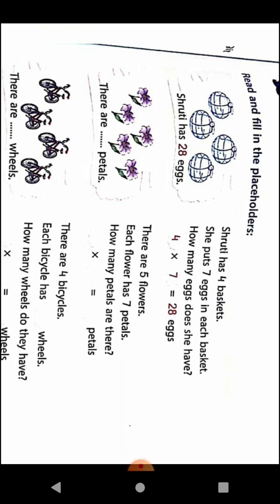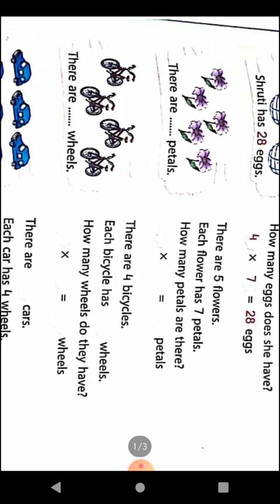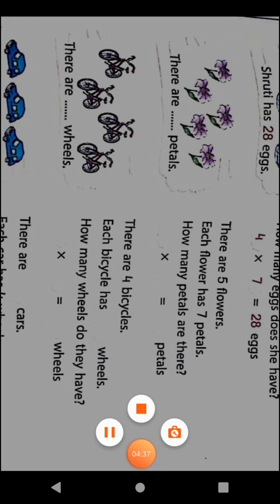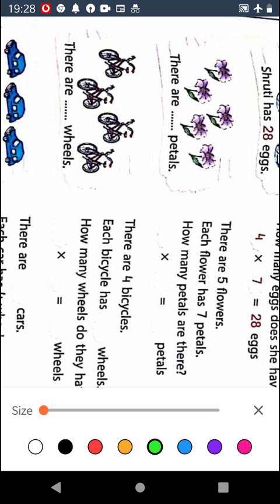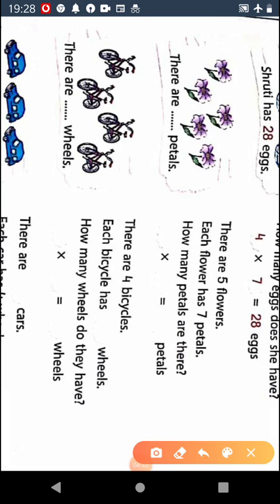Now see the next example. There are 5 flowers. Each flower has 7 petals. How many petals are there? How many flowers are there? 5 flowers are there. And each flower has how many petals? 7 petals. So you have to find the total number of petals.